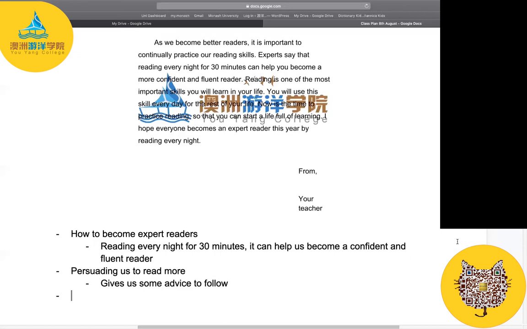Reading is one of the most important skills. Yes, brilliant. If you're a reader and you see that, you'll think, wow, I better learn how to read better. It makes you want to read better.